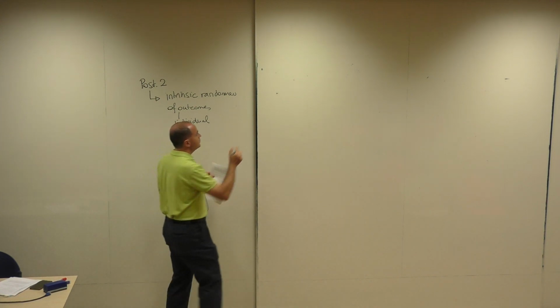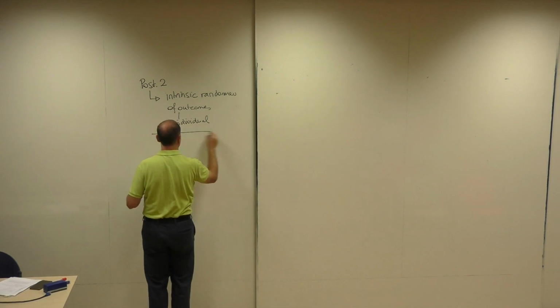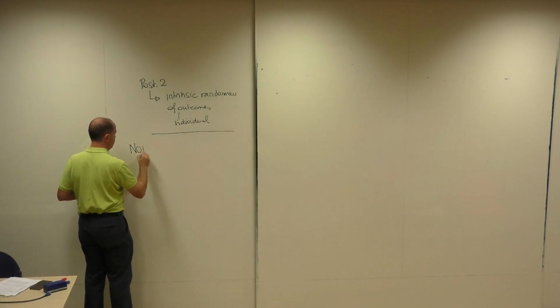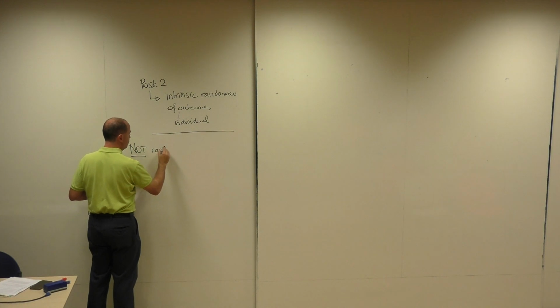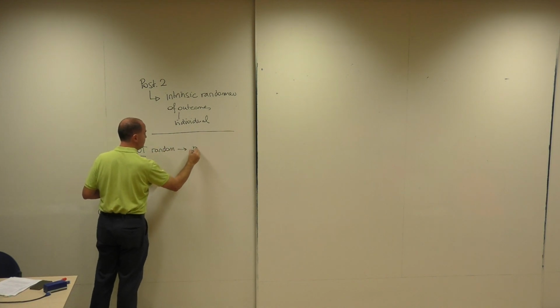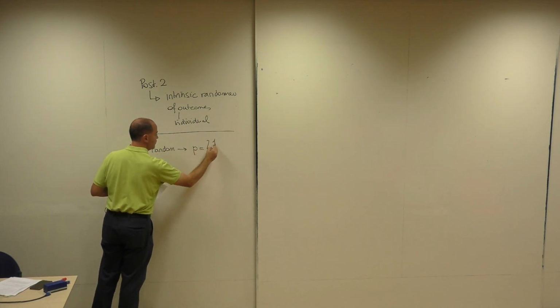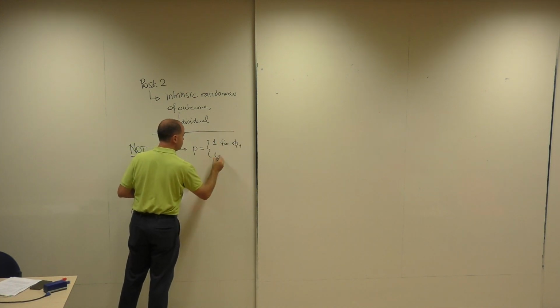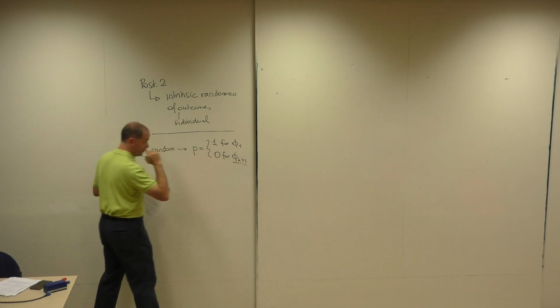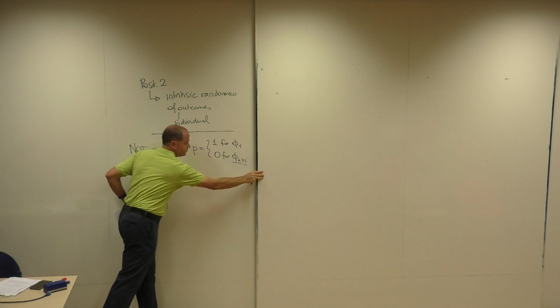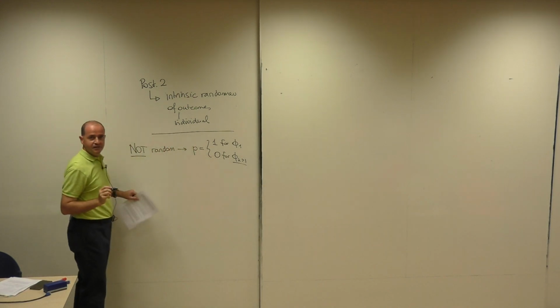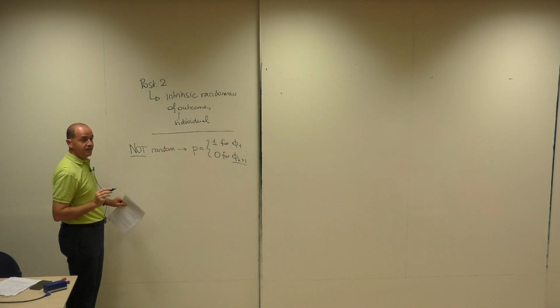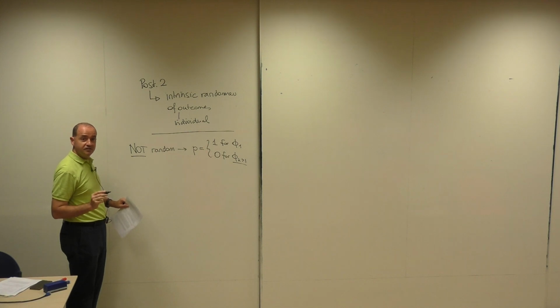Not random would mean that the probability is 1 for, let's say, phi 1, and 0 for all the others. This would be the case when a measurement is not random, when the result is certain.